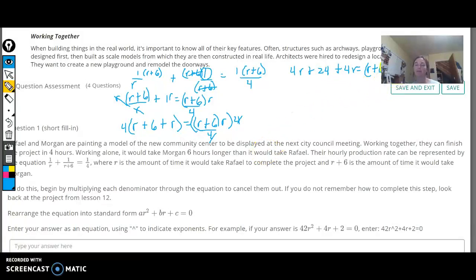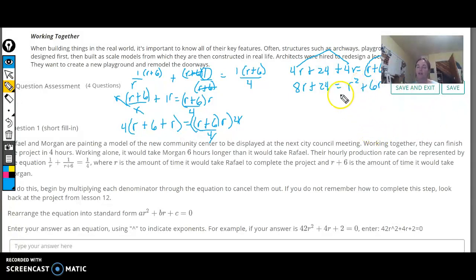Okay. Now remember, I need to distribute through and combine some like terms. So 4r plus 4r is going to give me 8r plus 24 equals r squared. R times r is r squared plus 6r.